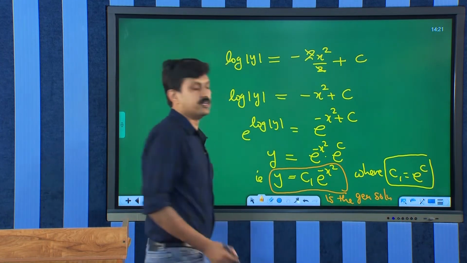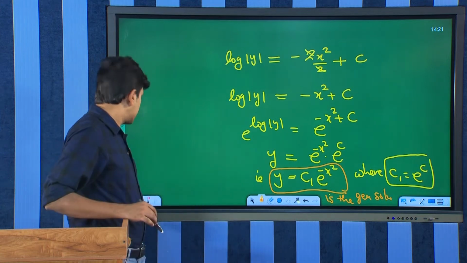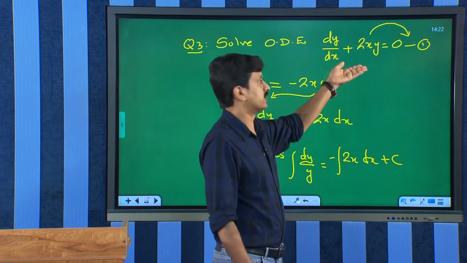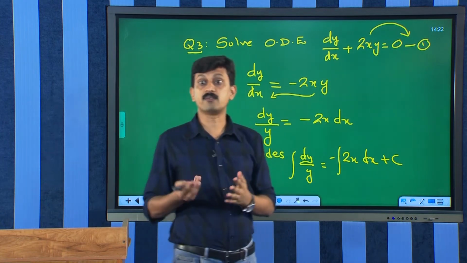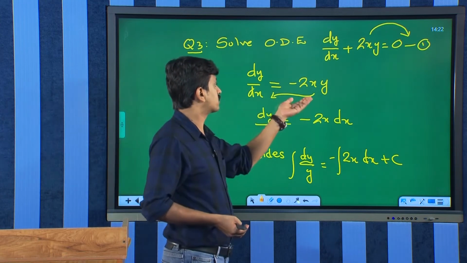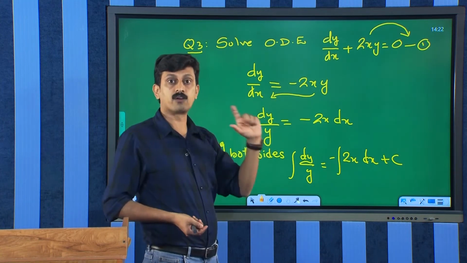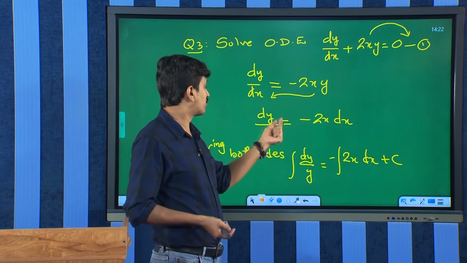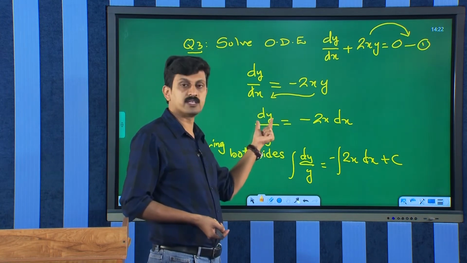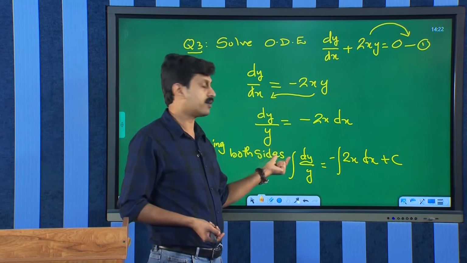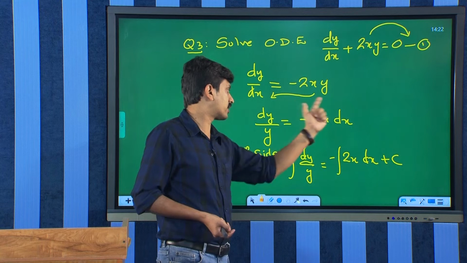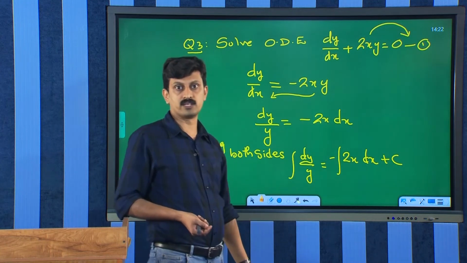In all these cases, what we did is, we have a differential equation and we are checking whether it is possible to separate the variables or not. We check by taking one term to the opposite side. Because of that we are able to separate the variables: one side fully contains the terms of y, and the RHS contains the terms in x only.